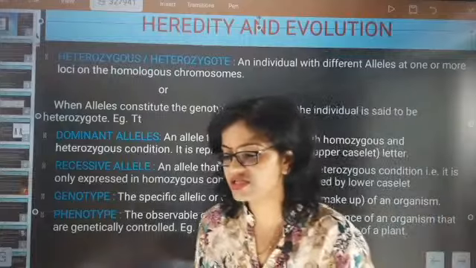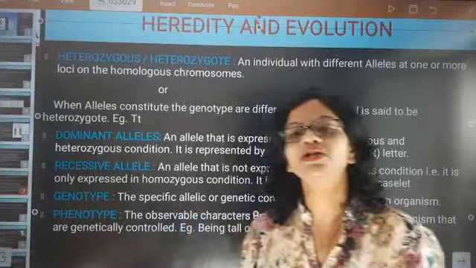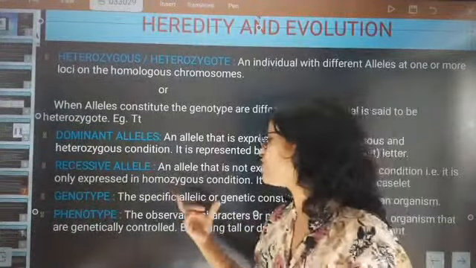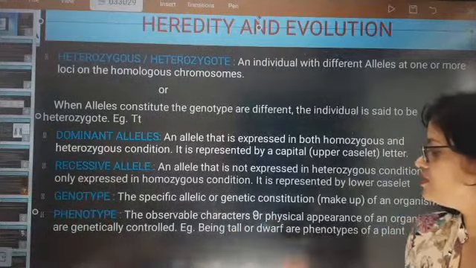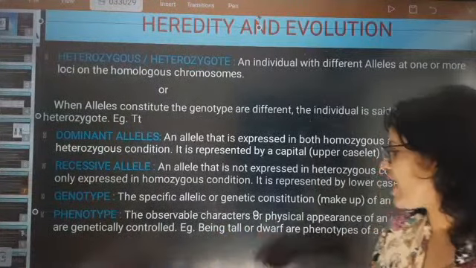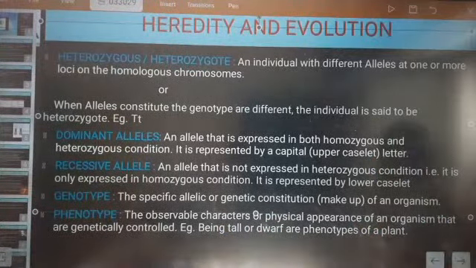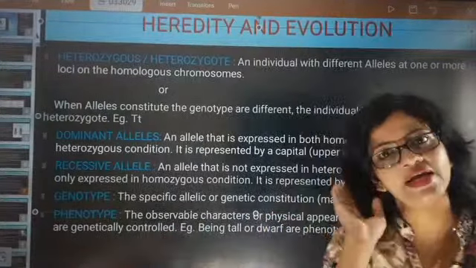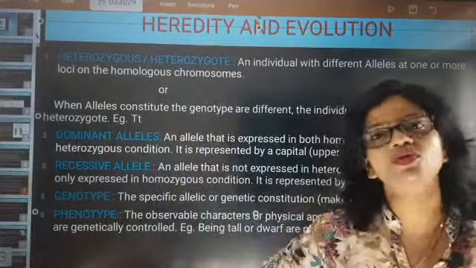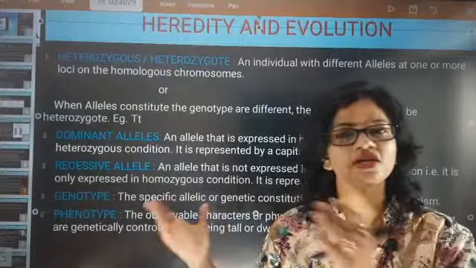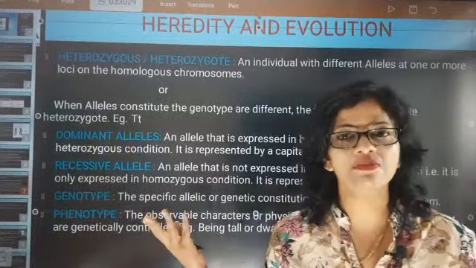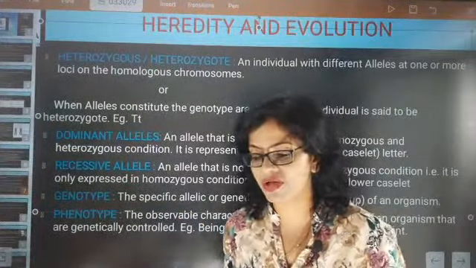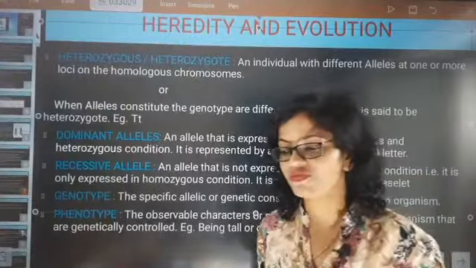This is the simplest example we can have. What exactly is phenotype, beta? The observable character or physical appearance of an organism that is genetically controlled. I am looking like this because of my genetic control. Whatever character my father and mother have given me, I am looking like that only.